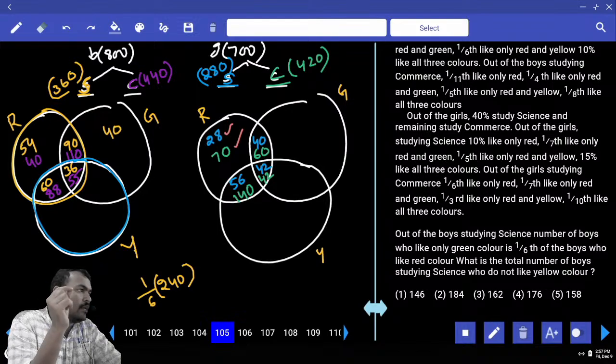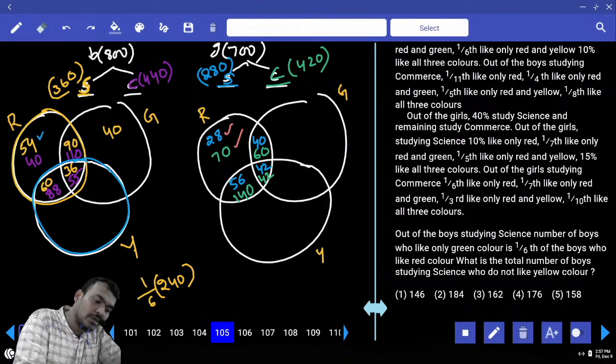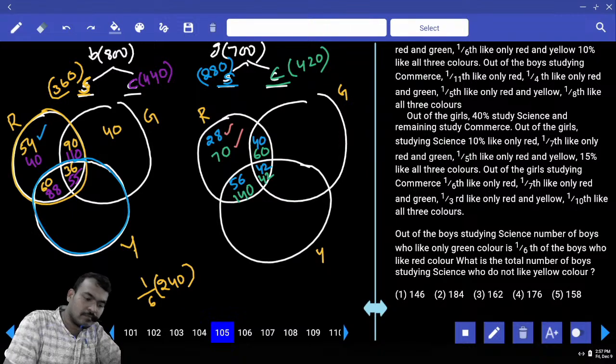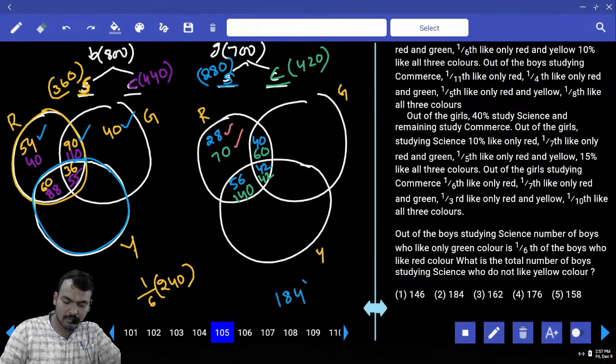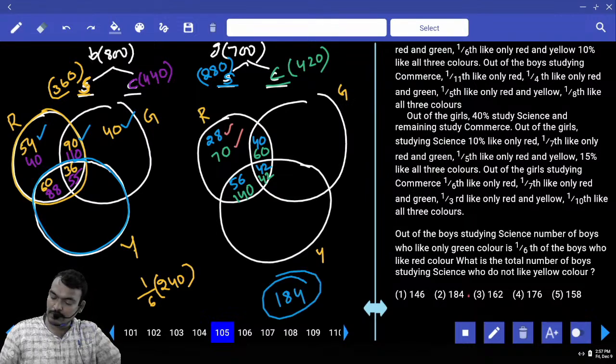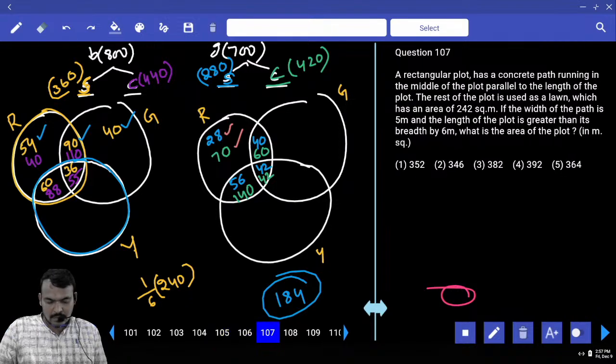Other than the yellow means only red: 54, 90, 40 or not? 54 plus 90, 144 plus 40, 184. The answer is 184. Which option? Second one.